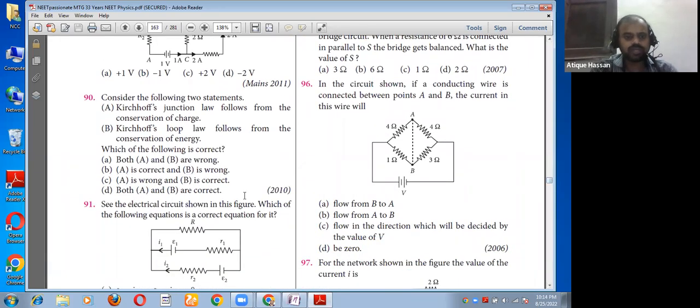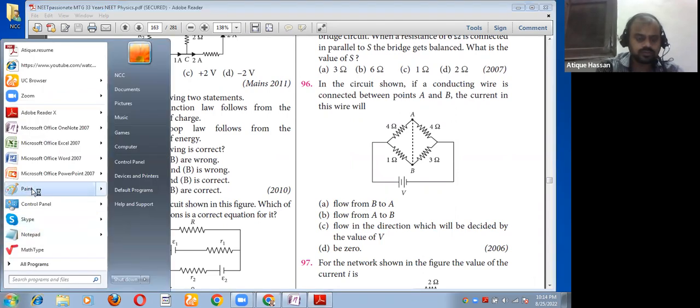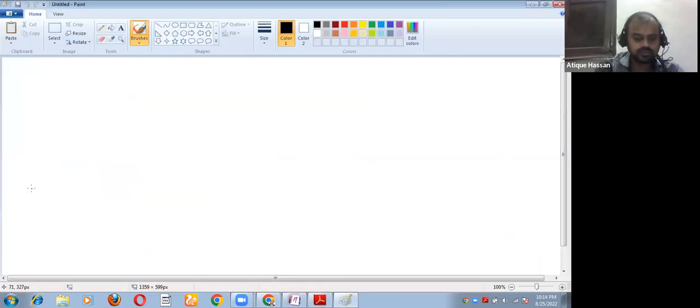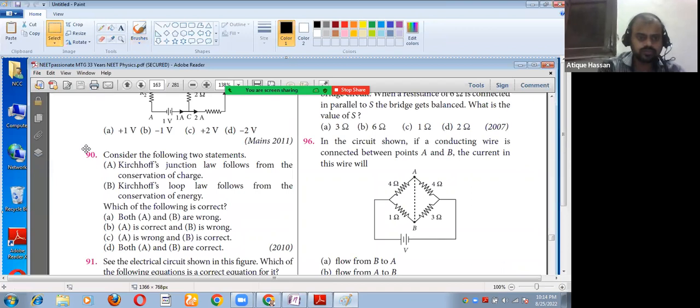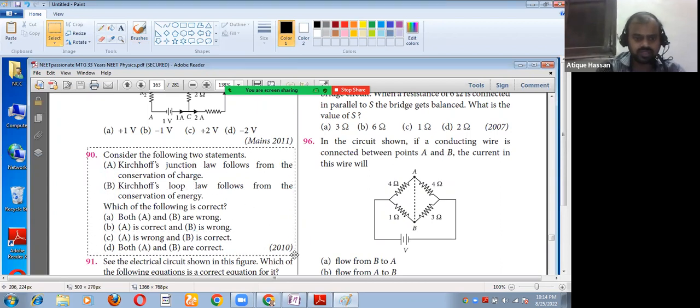First, see this question number 90. All of you see this question number 90. This is a NEET 2010 question.